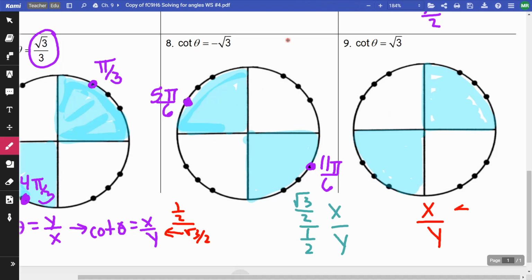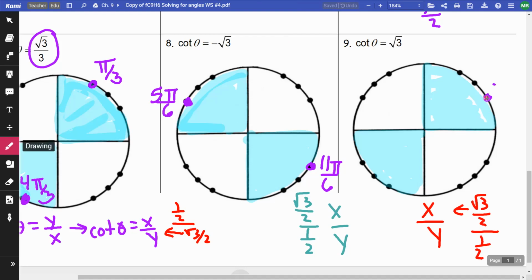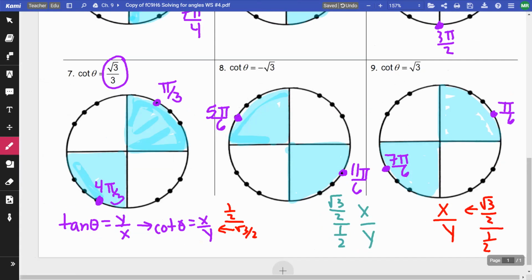I want my x to be my root 3 halves and my y to be my 1 half. So I want my x to be long. So long comma short is going to put me right here at pi sixths and over here at 7 pi over 6. And that's the end of this video.